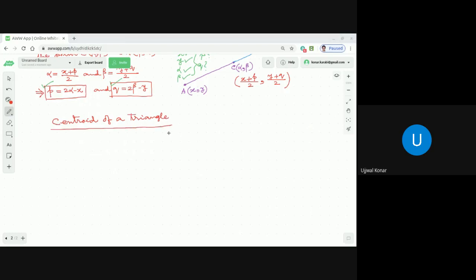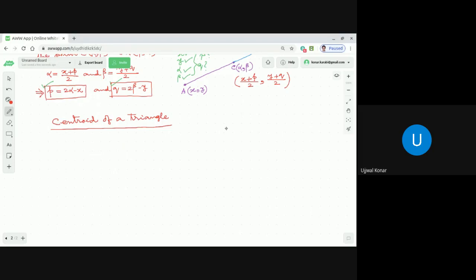Okay, to find the centroid of a triangle, what is our target? Our target is that in a triangle, the three coordinates are given, and we need to find the coordinate of the centroid of the triangle.